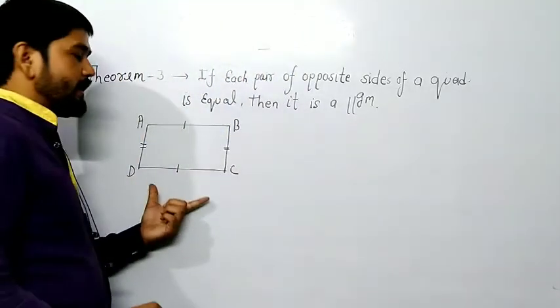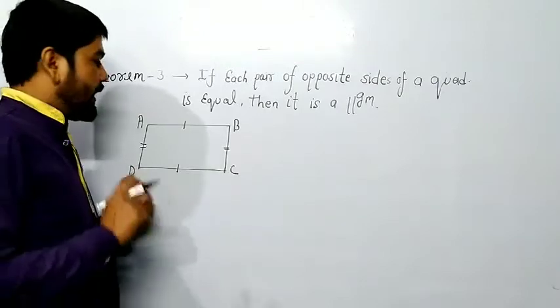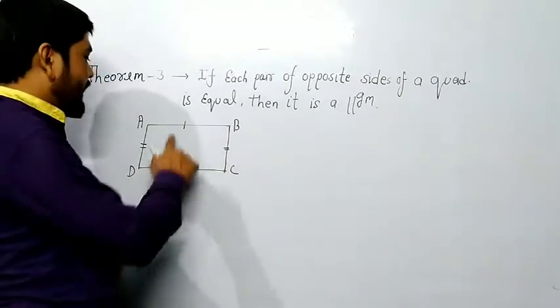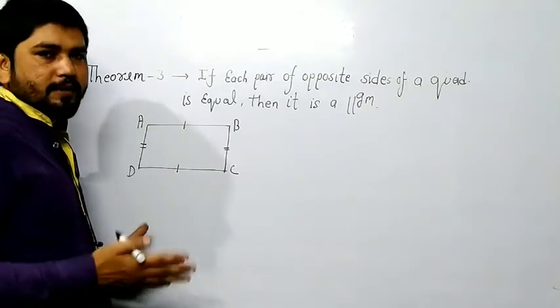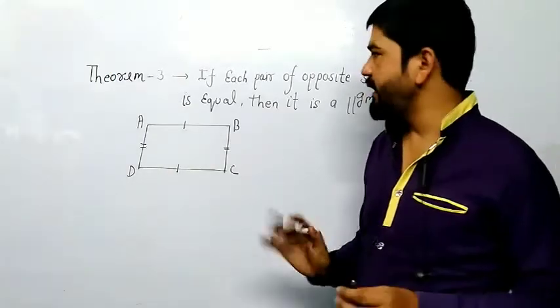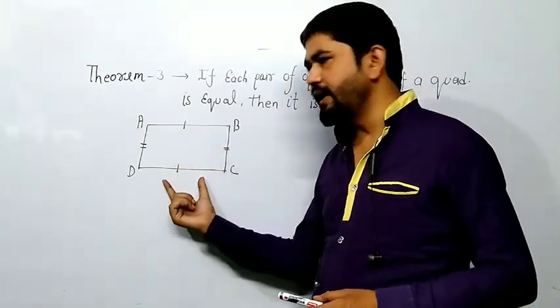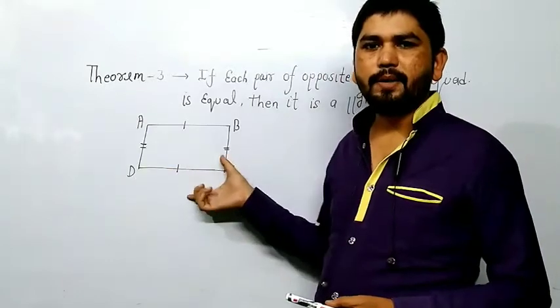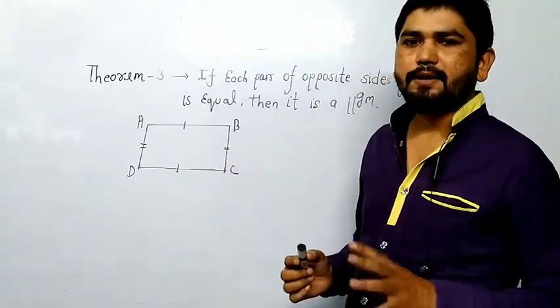See here, it is a quadrilateral ABCD in which it is given to us AB is equal to CD and AD is equal to BC. This is given to us. Understood? It is given because in this quadrilateral each pair of opposite sides is equal.